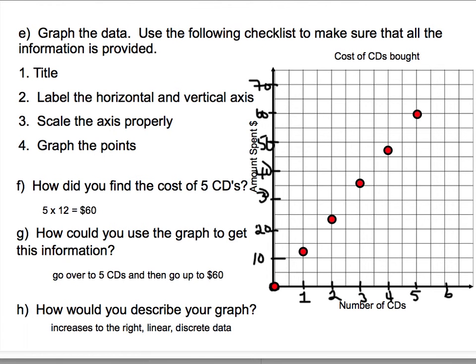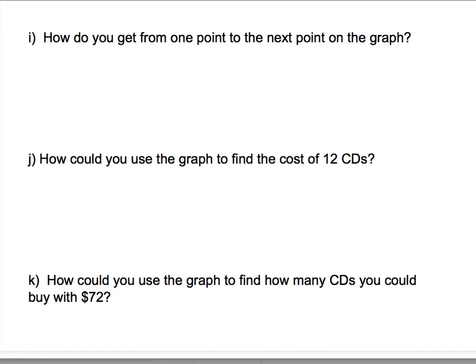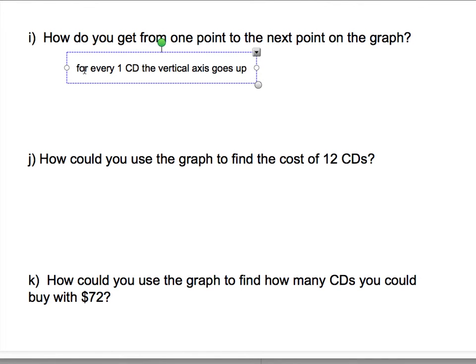How did I get from one point to the other point? Well, for every one CD, I went up 12. So for every one CD, the vertical axis goes up by 12.